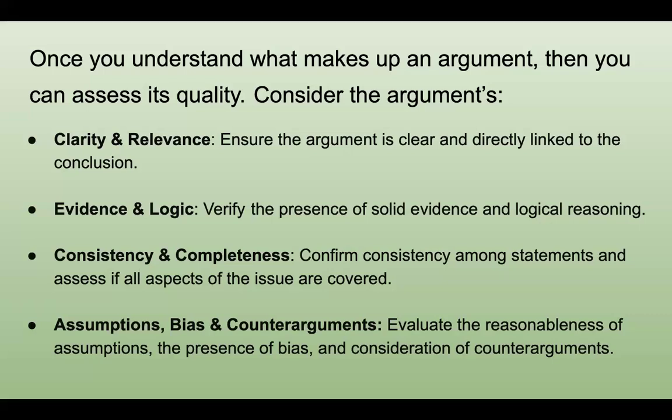You're going to want to consider the many elements of the writer's argument, like whether the evidence is clearly presented or whether it's valid evidence. You also want to think about the motivations and potential biases of the writer. These are some useful considerations when you're thinking about the quality of an argument, right?